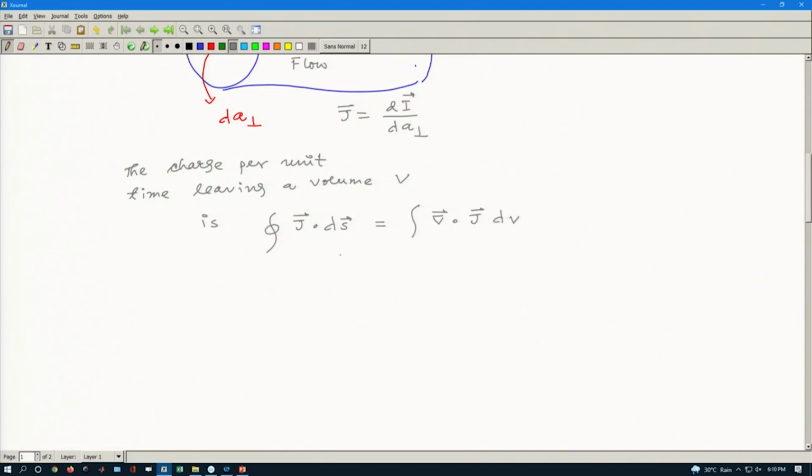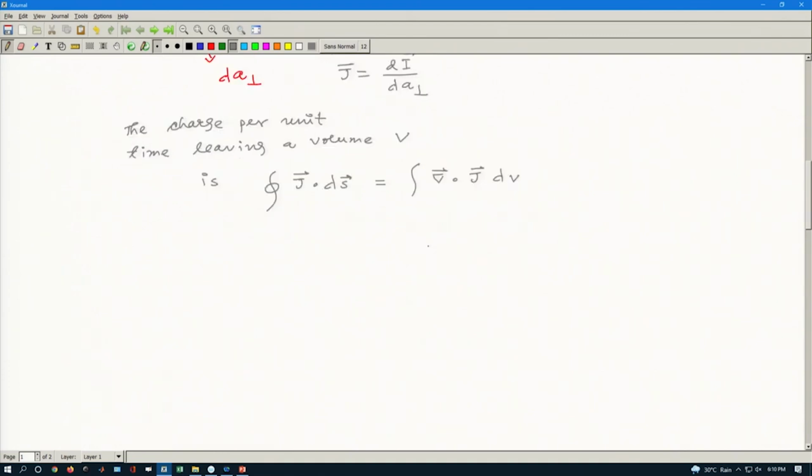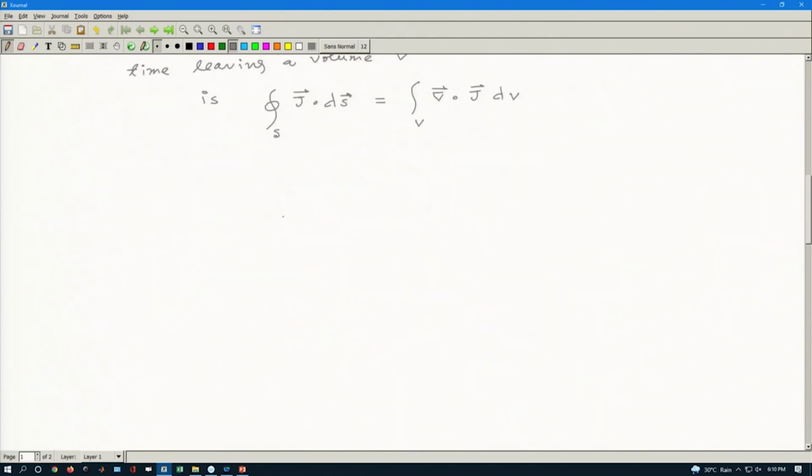So, this quantity J dot dS is basically the current, but I am saying charge per unit time, that means the current which is leaving a volume V, and that means there is a flow of the current, and we can write it in this way, and this is simply the corresponding volume integral, because this is a surface integral. I am just using Gauss's law to execute that.